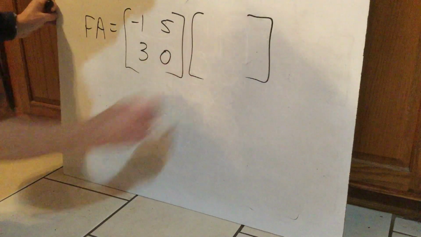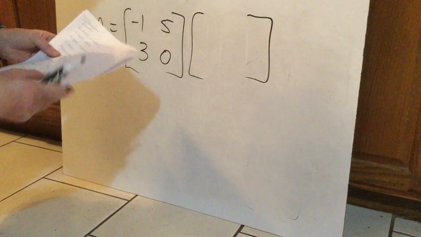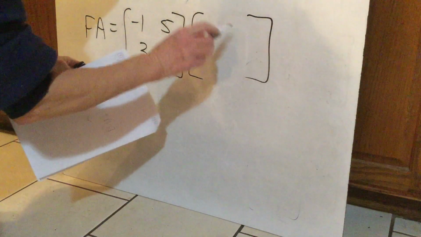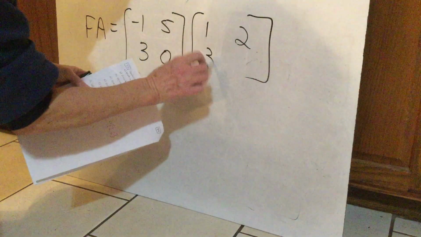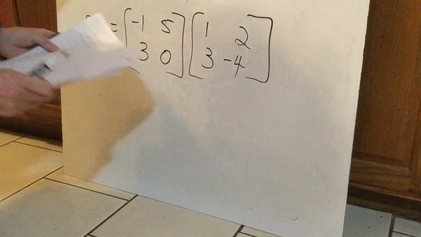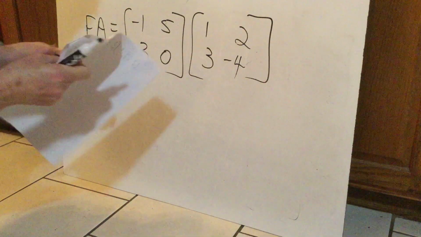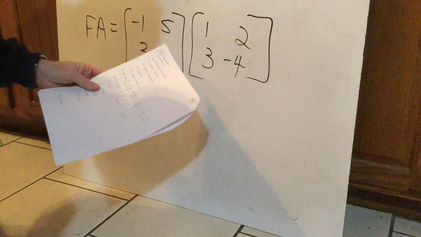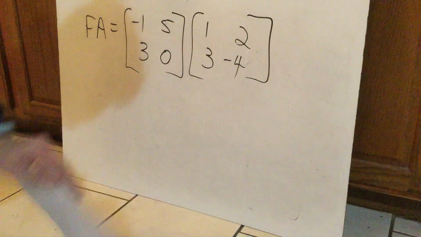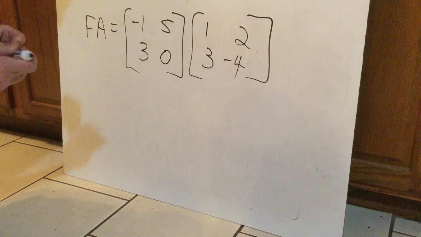Well, with regular numbers, it sure would be, but I don't know what's going to happen since these are matrices, so we're just going to have to work it out and see. So let's make sure I copied them right. That's F, and then A, remember, is on the other side. There it is. Okay, so now we're going to multiply F times A.